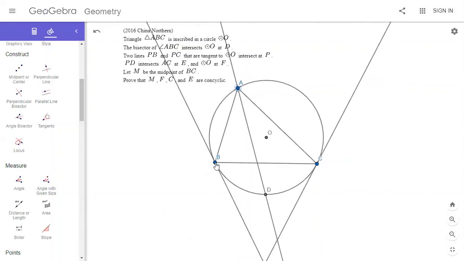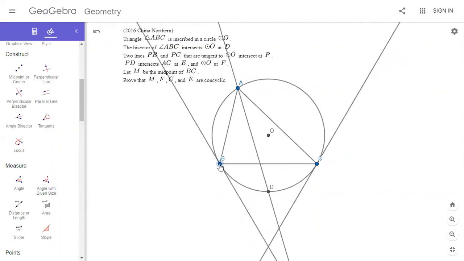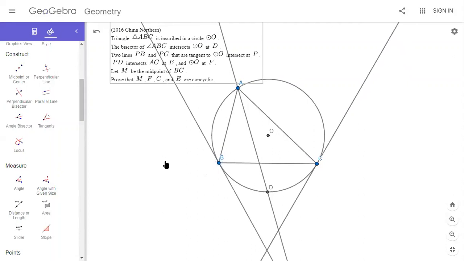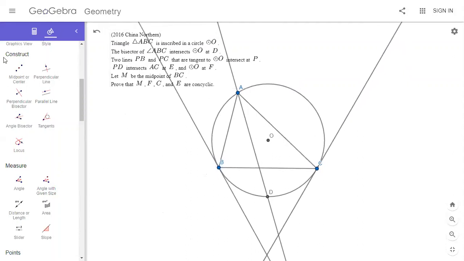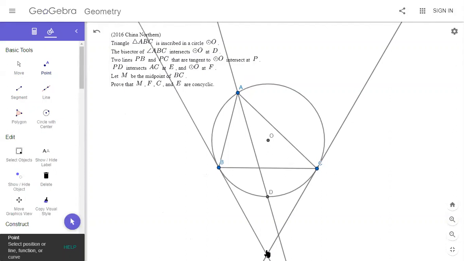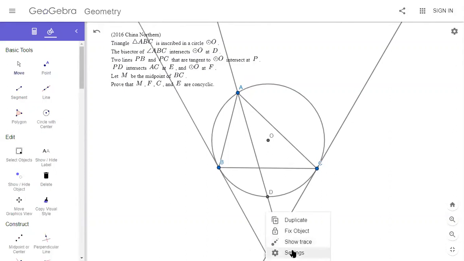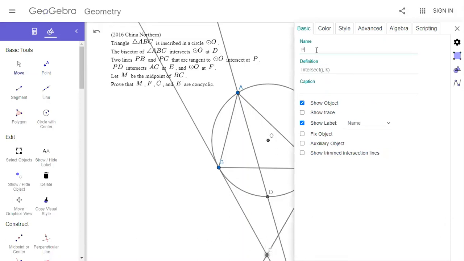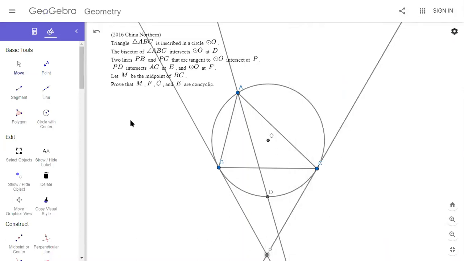Let's see. It's tricky. Okay. I'll just do this for now. So the tangents intersect at P. PD intersects AC at E. Obviously, PD is like the perpendicular bisector of BC. So it intersects AC at E and it intersects the circle at F. F is going to be the midpoint of arc BAC.